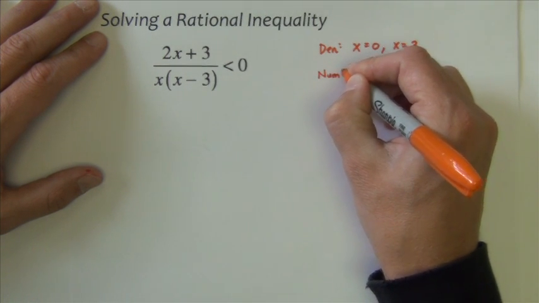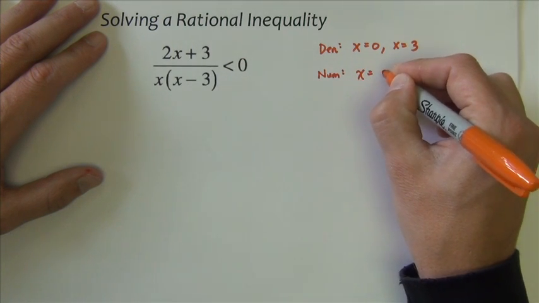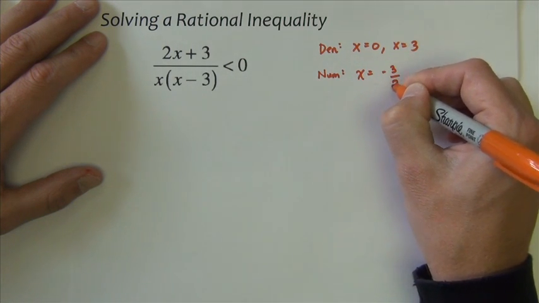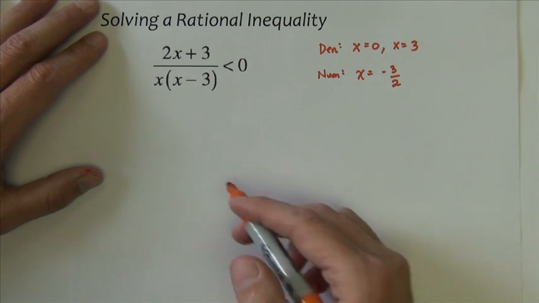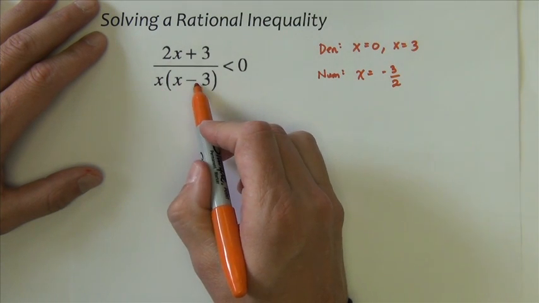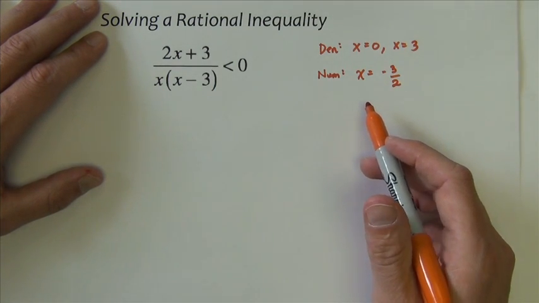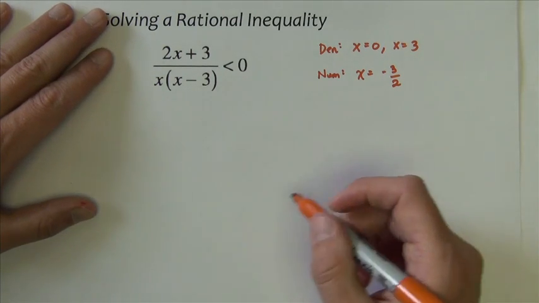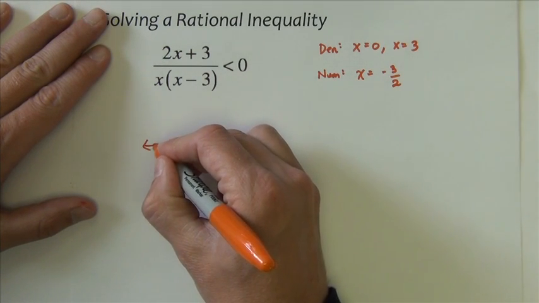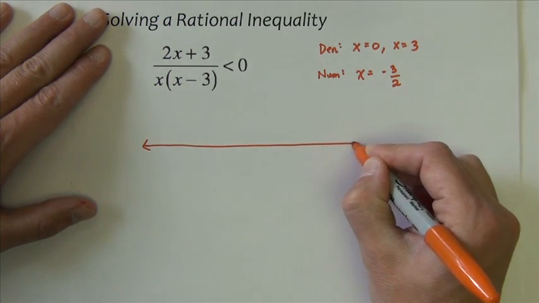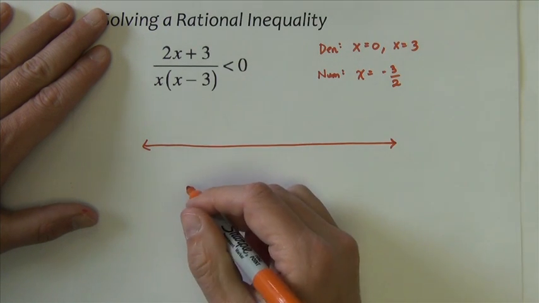All the zeros out of the numerator, which is x equals negative 3/2. So basically set each factor equal to 0 and solve for all those answers. Those numbers now represent the numbers on my number line.